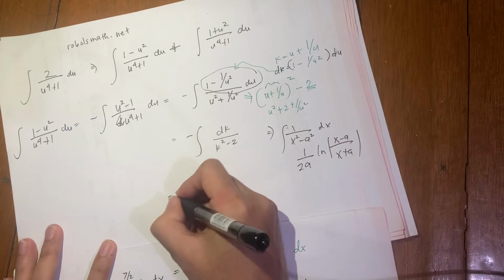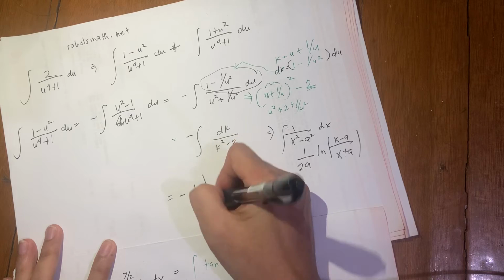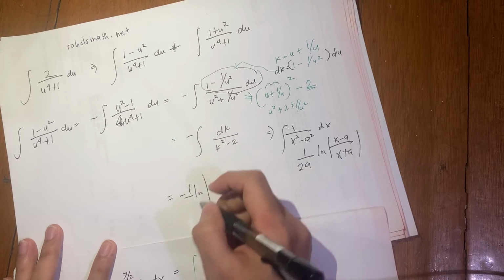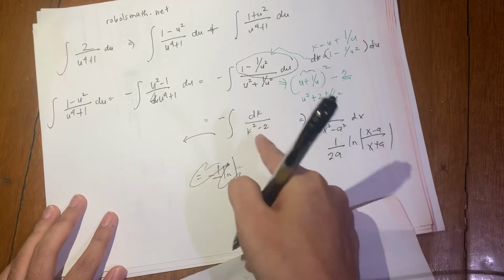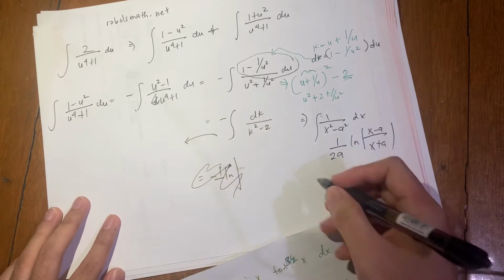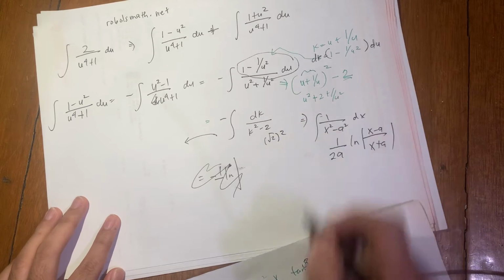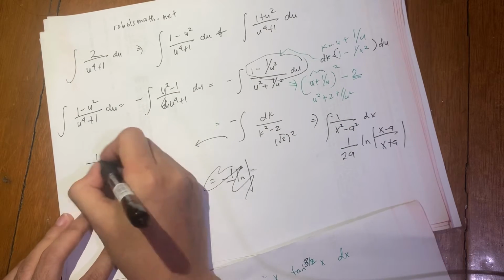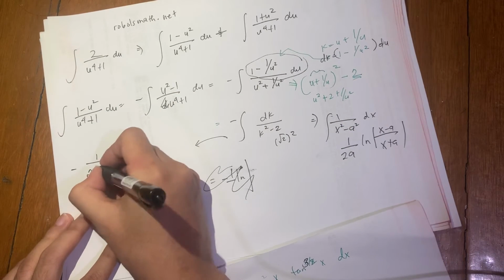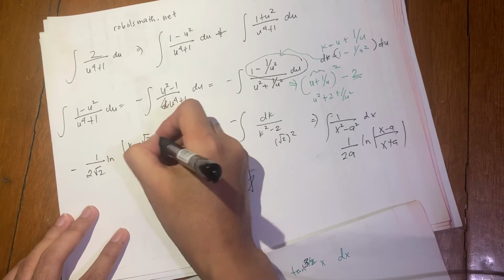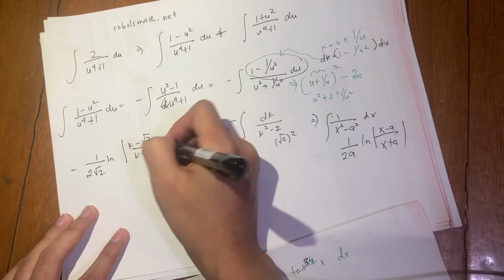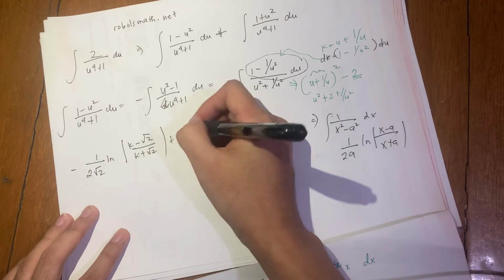Here a is the square root of 2. So this is negative 1 over 2 square root of 2 ln of (k minus square root of 2) over (k plus square root of 2) plus c.